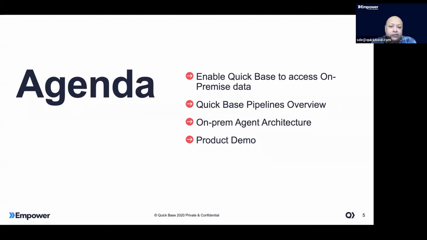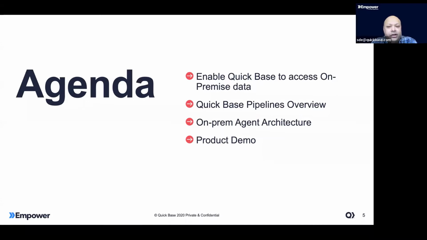And so I'm extremely thrilled to bring to you Pipelines as a product. And certainly what we are about to cover couldn't have been covered without that wonderful piece of technology that was added to the QuickBase platform. So with that, for this session, what we really want to cover is how we enable QuickBase to access your on-prem data.